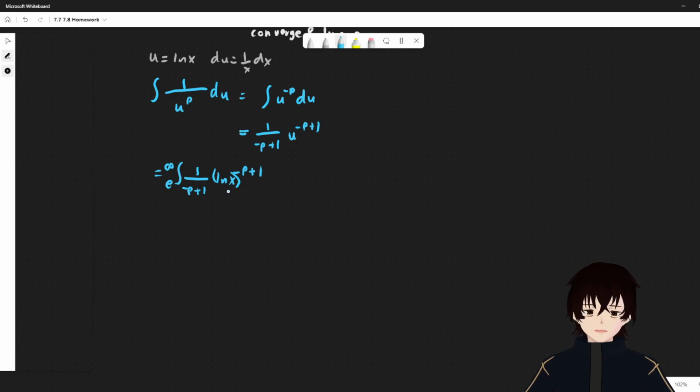So natural log of e is 1, natural log of infinity is infinity. That part's all natural. So what we do need is the limit as t approaches infinity of the... This is not an integral. This is not an integral. So this is from e to infinity.